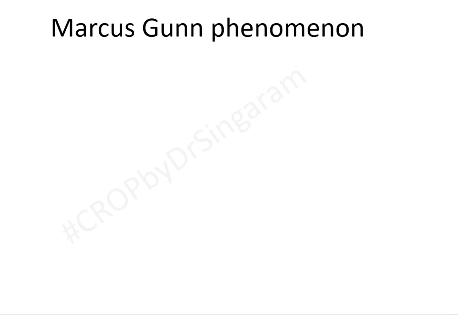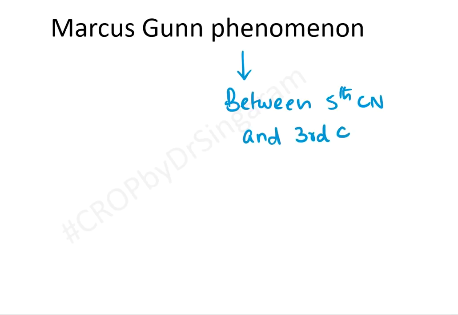What is the reason that ptosis is improving? It is due to abnormal connections between the fifth cranial nerve, that is the trigeminal nerve, and the third cranial nerve, which is supplying the levator muscles.